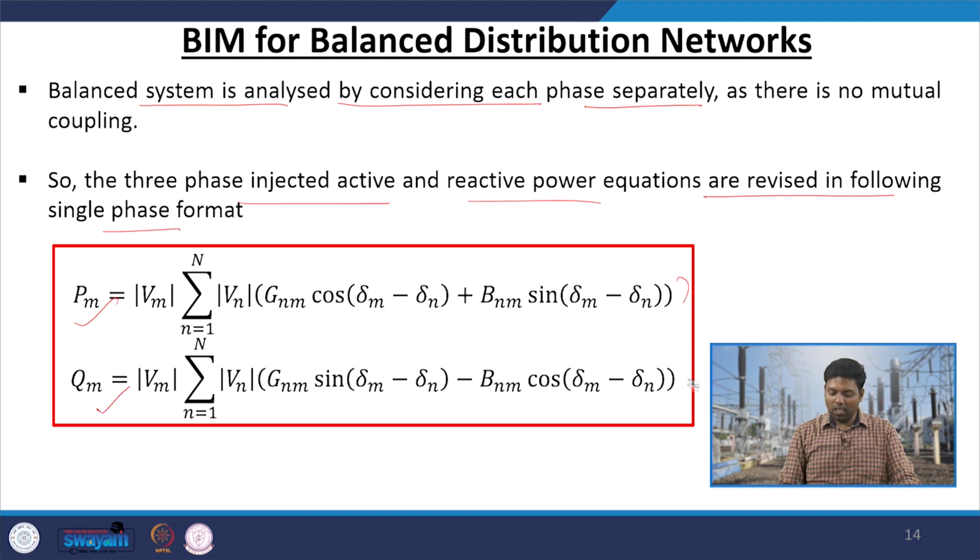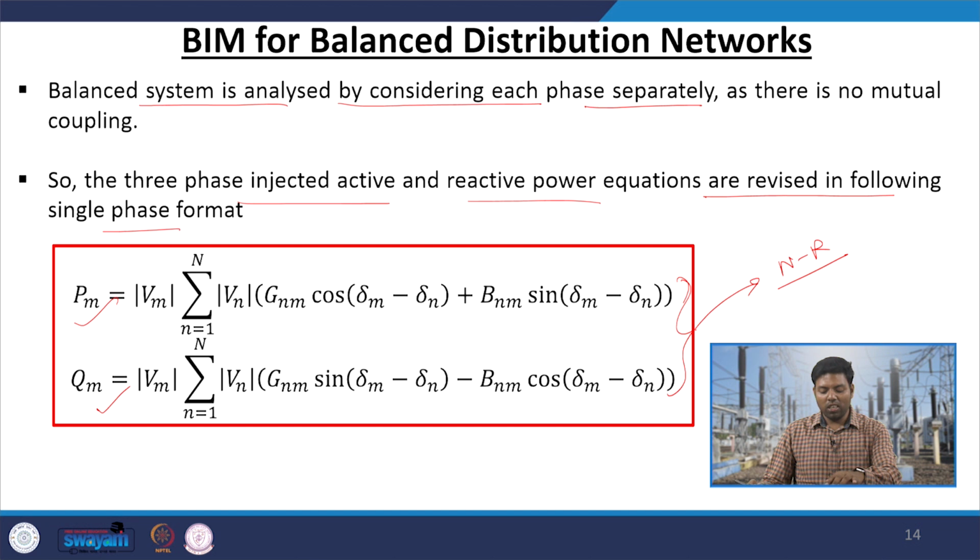Now, you can see the resemblance of these two equations with the actual Newton-Raphson equations that we normally use for the transmission network. So, the bus injection model is more or less the same for both distribution network and transmission network, but you have to keep in mind that for the transmission system it is a single phase model, because we consider the transmission system as a balanced system.